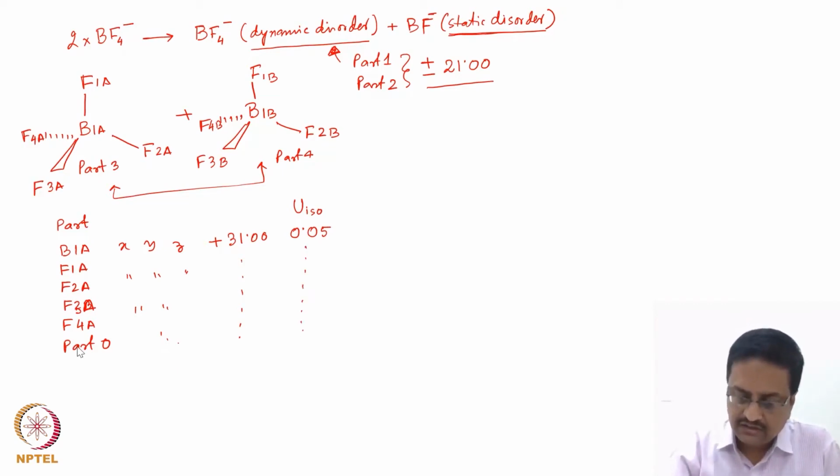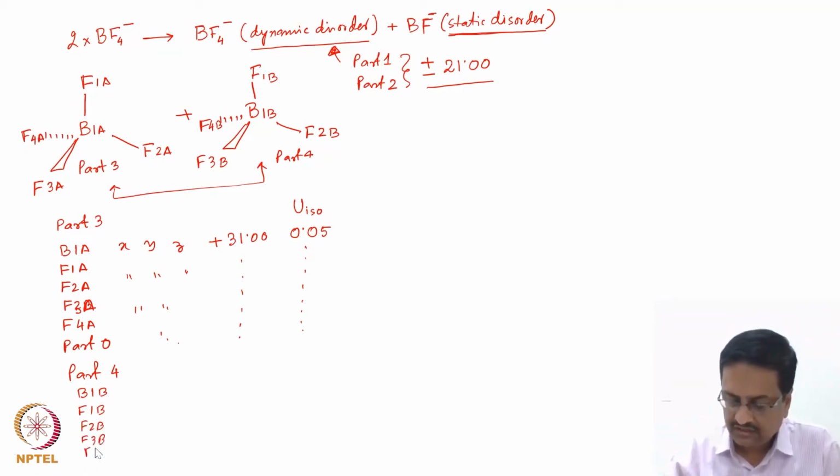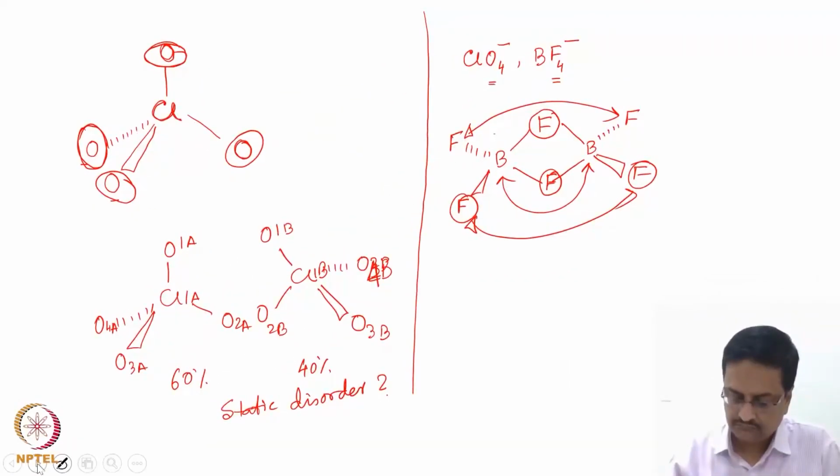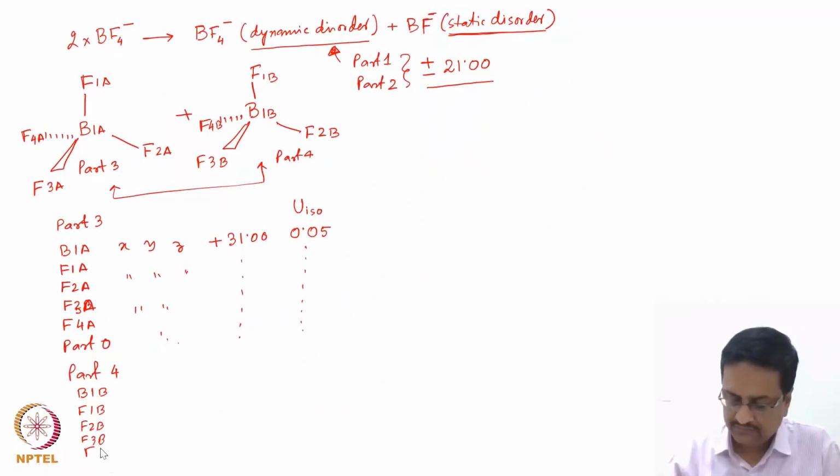Then, so this is part 3, we write part 4 and write the coordinates. These are written in the INS file. So B1B, F1B, F2B, F3B, and F4B, and then at the end you write part 0 below that.